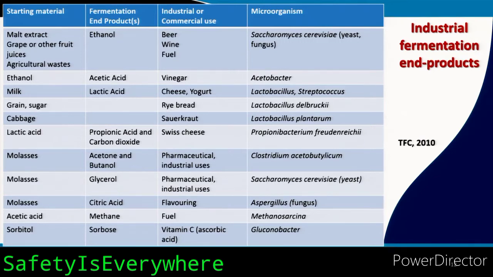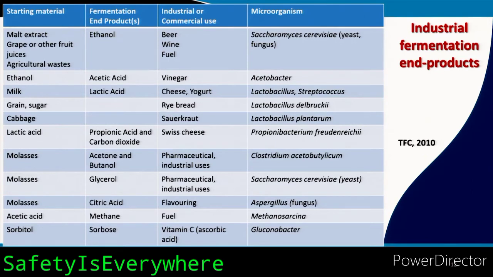These are both pharmaceutical as well as industrial applications. The microorganism responsible is Clostridium acetobutylicum, and molasses can be converted to glycerol. Again, there are pharmaceutical as well as industrial applications, and the mediating microorganism is Saccharomyces cerevisiae.